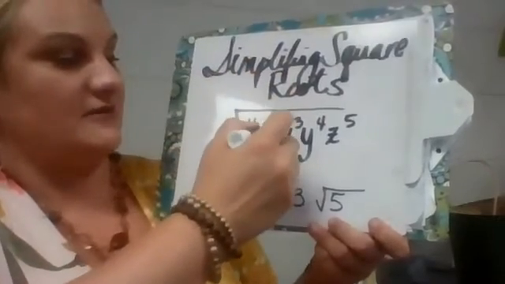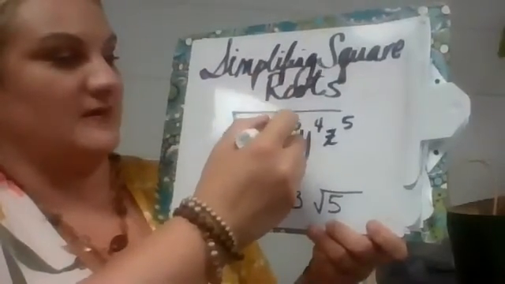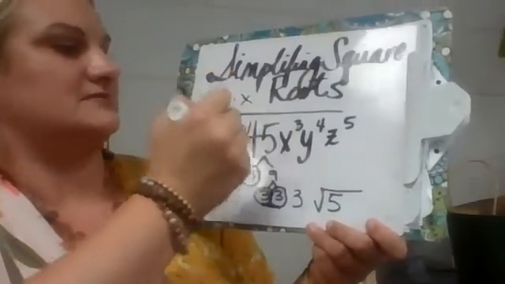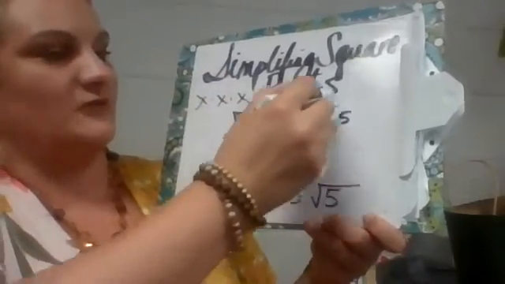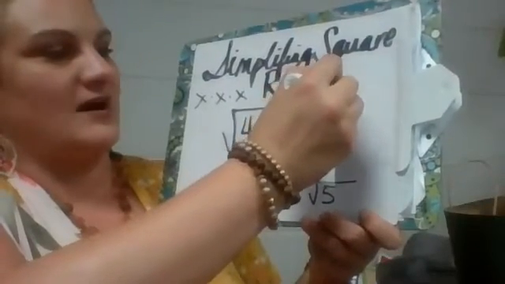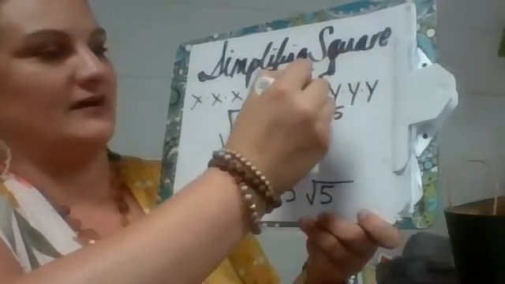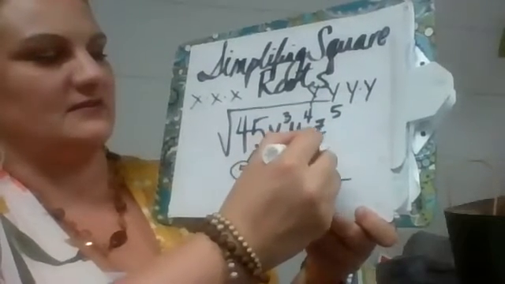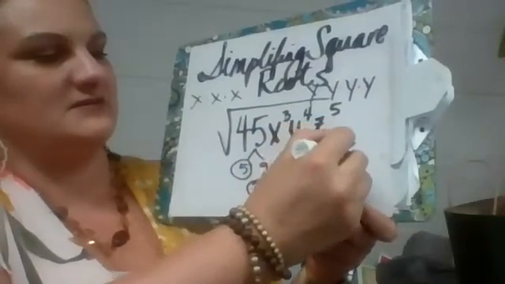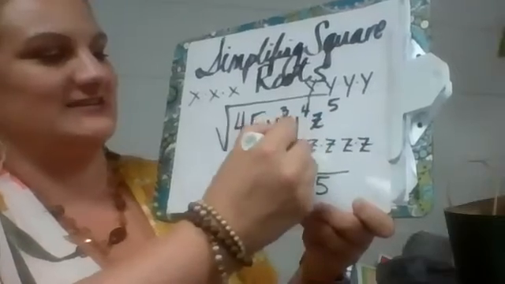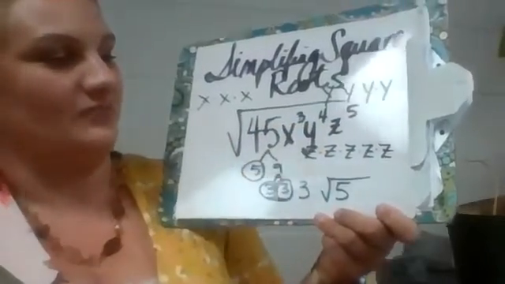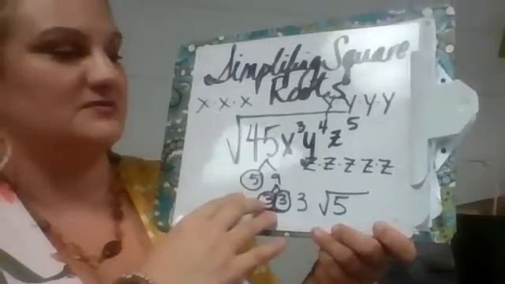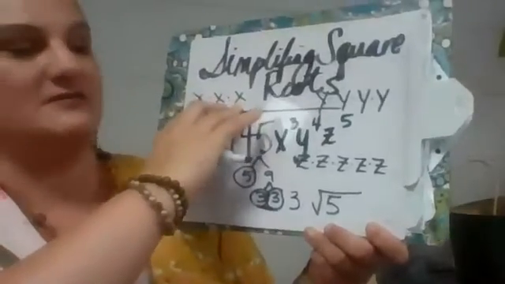So if I take x to the third power, that means that I'm going to write out x times x times x. If I take y to the fourth power, that means I'm going to write out y times y times y times y. Or z to the fifth power is z times z times z times z times z. And then I'm going to look at them just like how I looked at my prime numbers. I'm going to say, I have 3 of these.